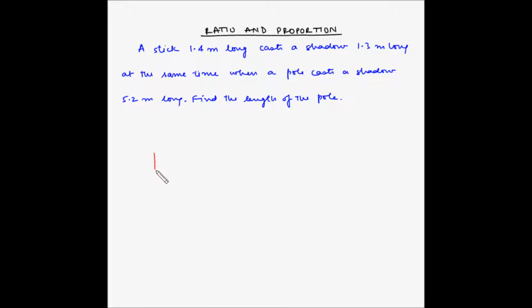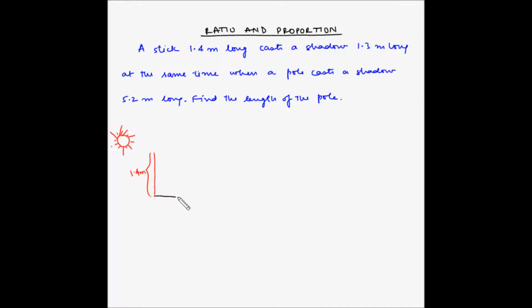So let's say this is a stick which is 1.4 meters long. Now let's assume that there is sun here, and because of the sun there is a shadow for this stick.